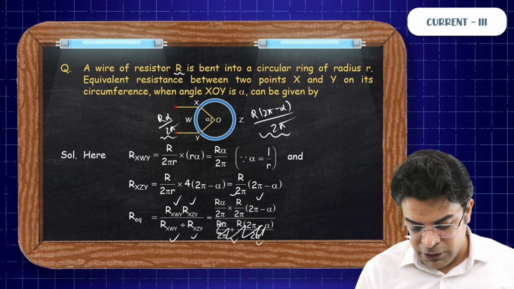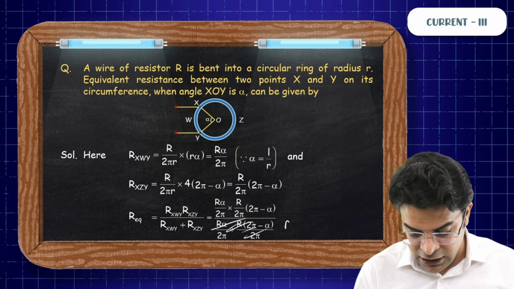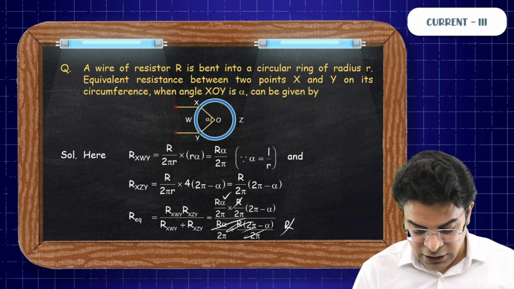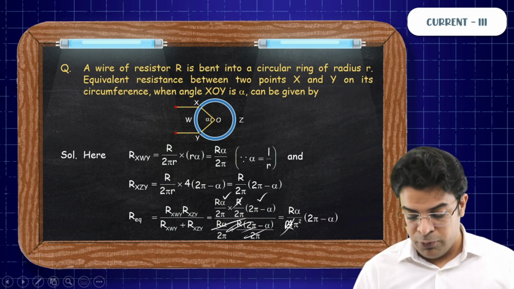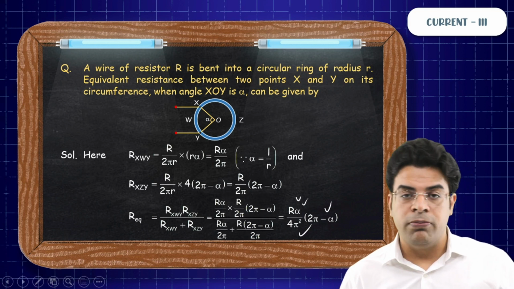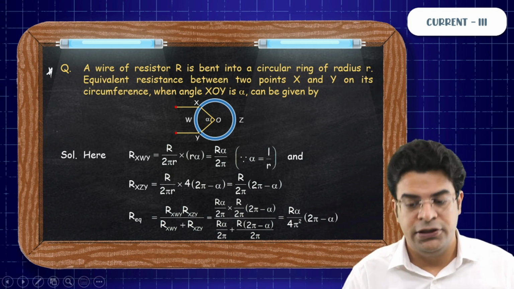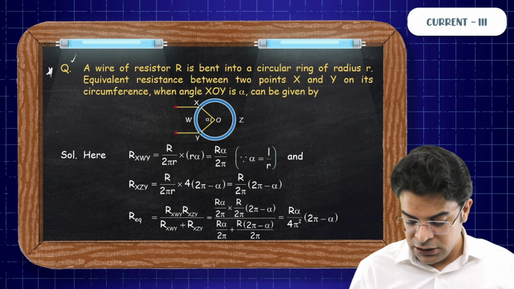This denominator part will be nothing but R. So if you substitute, an R gets cancelled. So you get R alpha into 2 pi minus alpha upon 4 pi square. Revise this question once, it won't take more than 10 seconds. So just visualize the question and the answer.